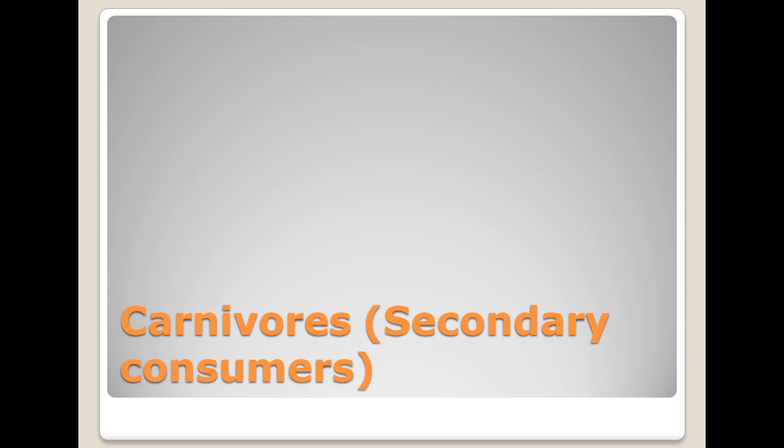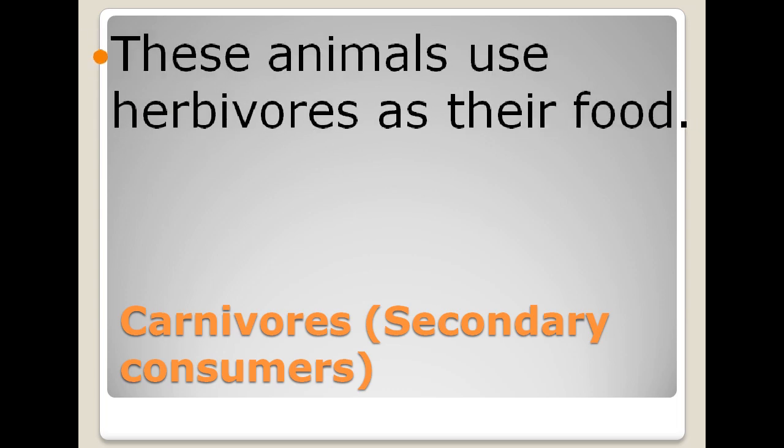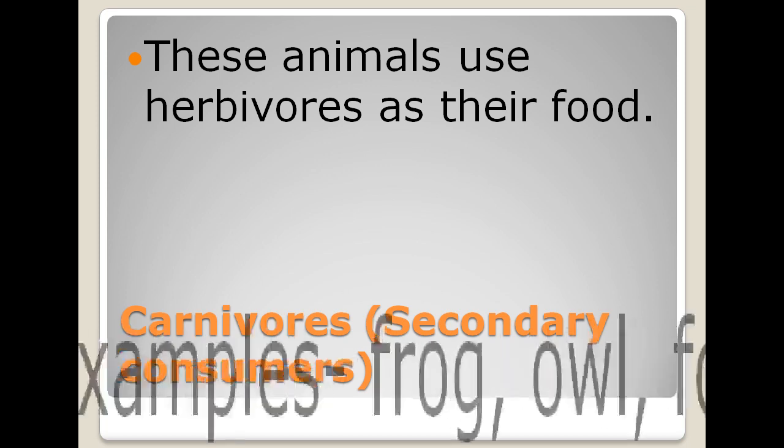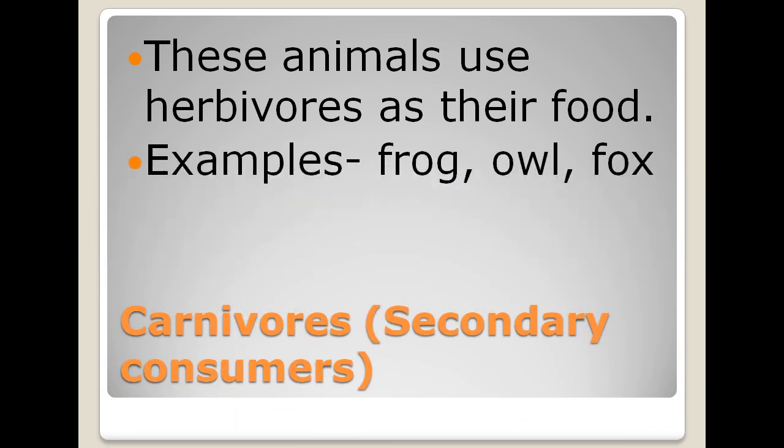The third is carnivores. They are also called secondary consumers. These animals use herbivores as their food. That means they feed upon the primary consumers. Examples are frog, which eats insects, owl, fox.